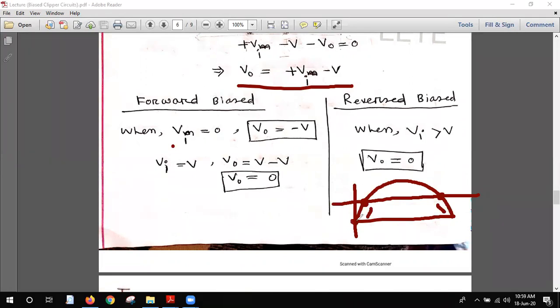Starting, the input voltage VI is zero. So when VI is zero, what will be the output?